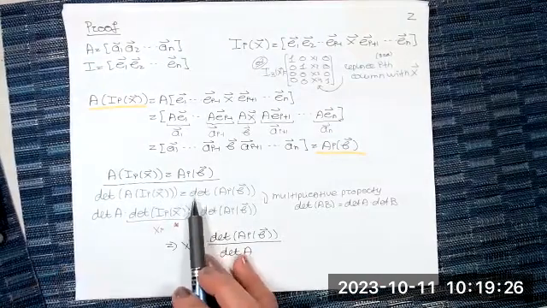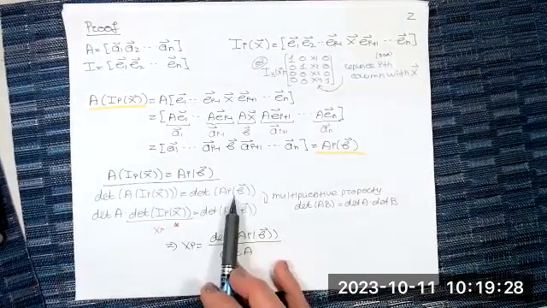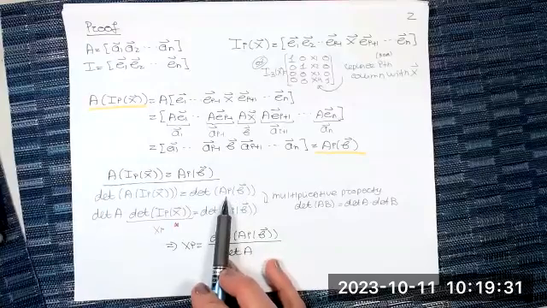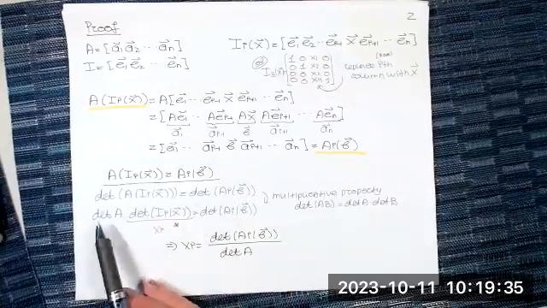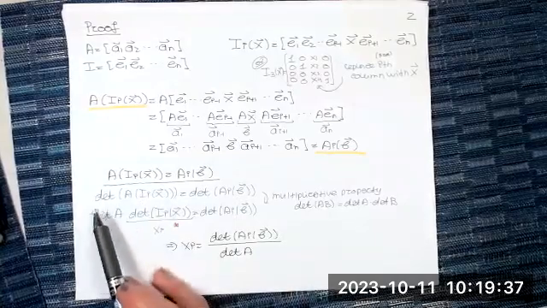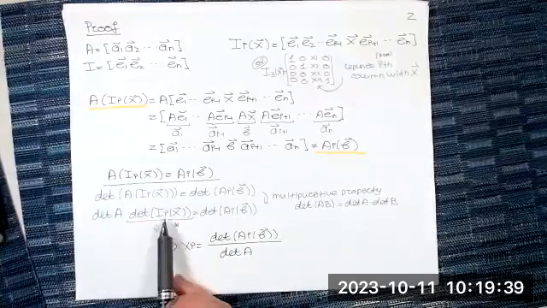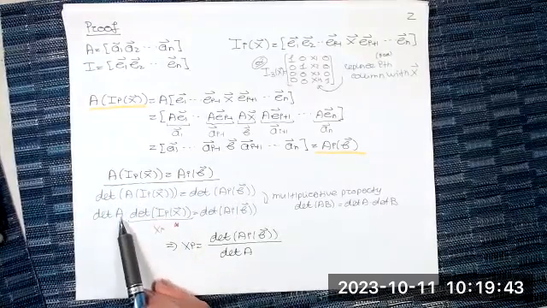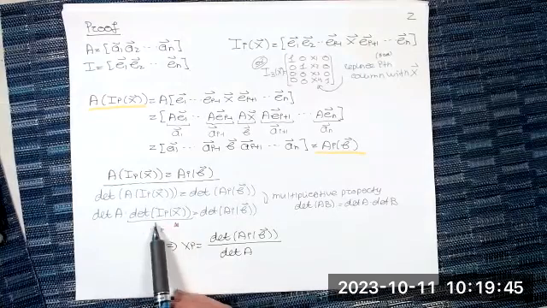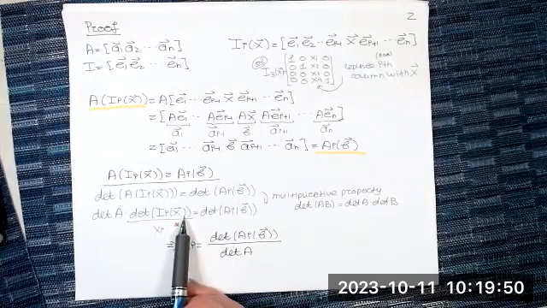And over here, I'm just taking the determinant of my matrix A with b for column i. Because here is a multiplication, I know from the previous theorem that the determinant of the product is the product of the determinants. So here I will have the determinant of A multiplied by the determinant of my identity matrix with column i replaced by x, right?